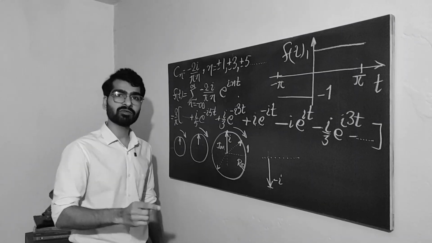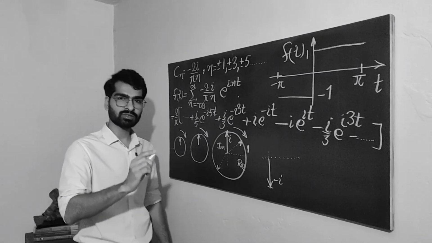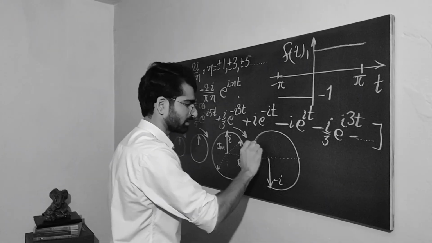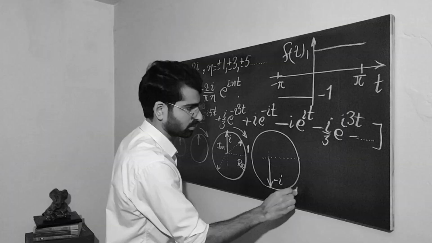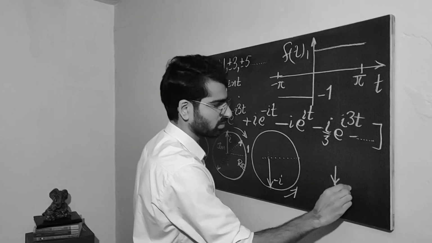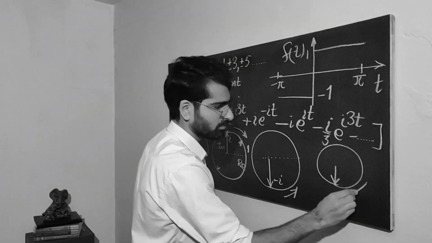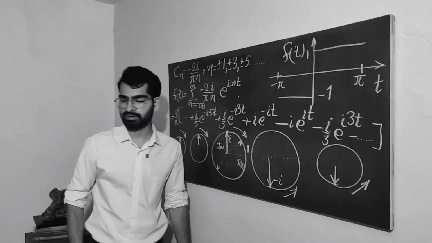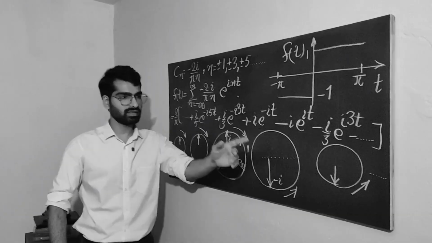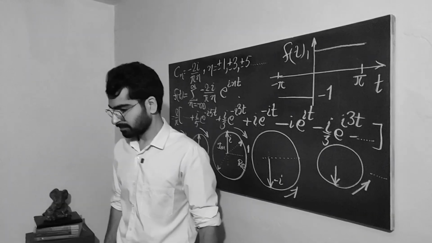Now it's going to go around with positive frequency. Positive means go counterclockwise. It will rotate like this. And now you can guess for this one, it will be 3 times shorter, will go counterclockwise, but 3 times faster. And then you will have next terms here, the other vectors that you're going to get.